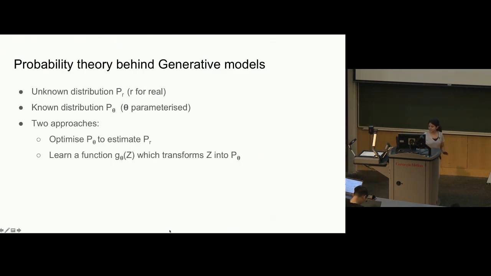Okay. Hi everyone. So we'll be continuing into types of generative models, but before that, we'll take a step back and go into the basic probability theory that was behind all these generative models.